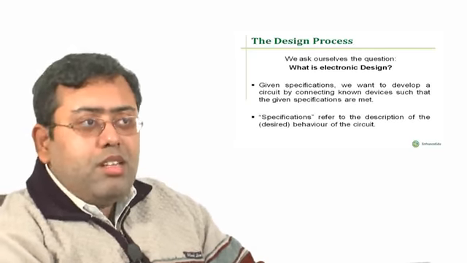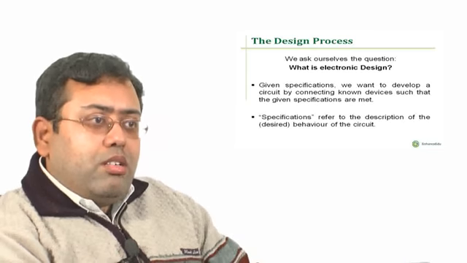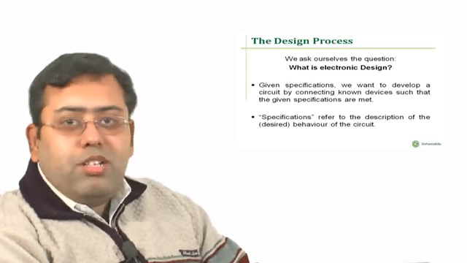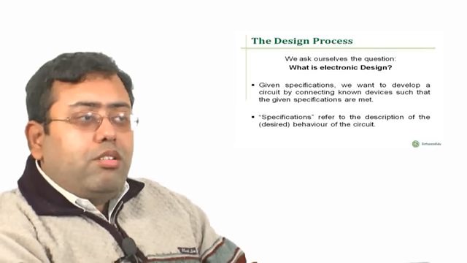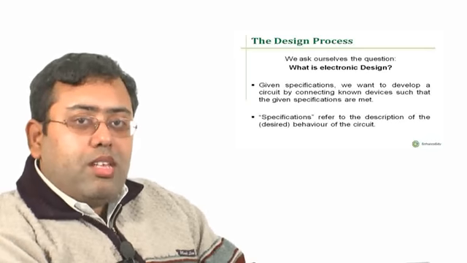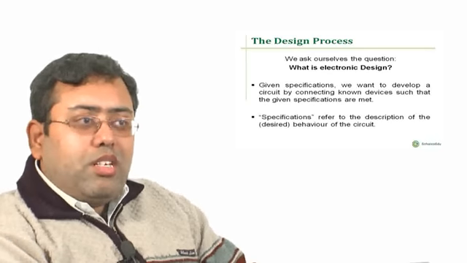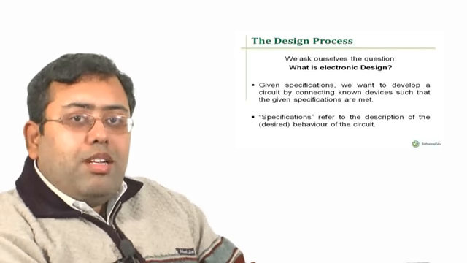Specifications mean a lot of things. When people talk of specifications, they mean something with respect to a prosaic end user. On the other hand, to an engineer, it means a lot of things.